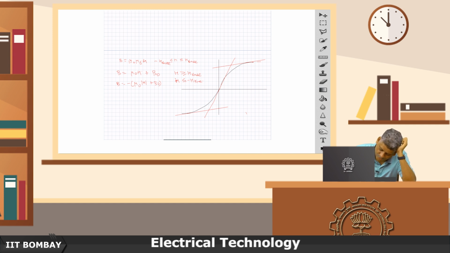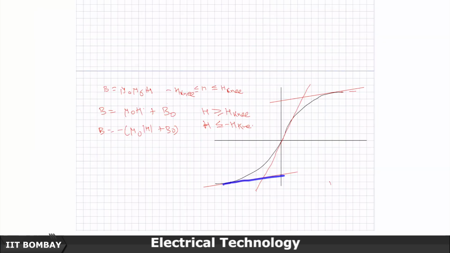Because I just want to say this line is minus of this line, but the h here is actually in this direction. This is B, this is h. In this direction h is negative, but I am just trying to take this line and write it as minus of that.